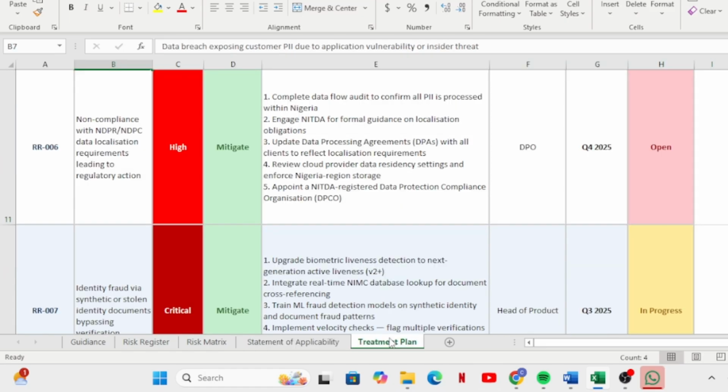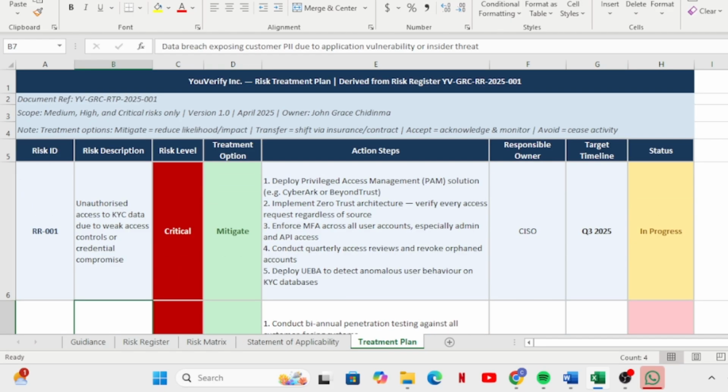And we have the treatment plan. The treatment plan defines actions, responsible owners, and timelines for addressing medium and high risks. Like the normal risk ID we have on our risk register, we still start with that risk ID.